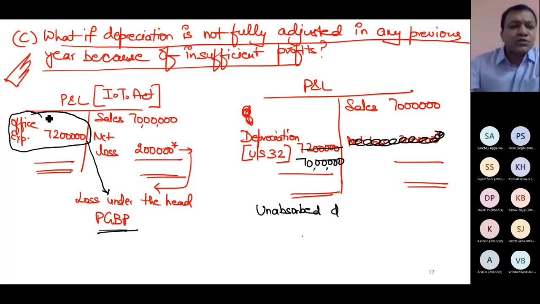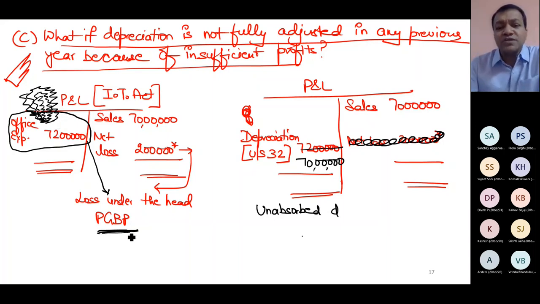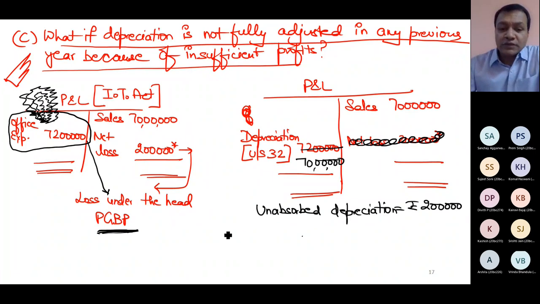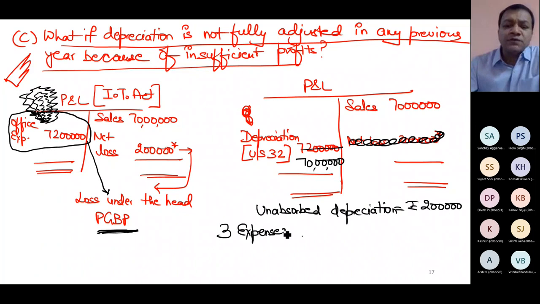All expenses on the debit side, if not fully adjusted, will lose their identity, and in future all the expenses on the debit side of P&L account will be known by the name loss of PGBP, but depreciation will not lose its identity. It will be known as unabsorbed depreciation. There are 3 expenses only in the entire PGBP which will not lose their own identity.